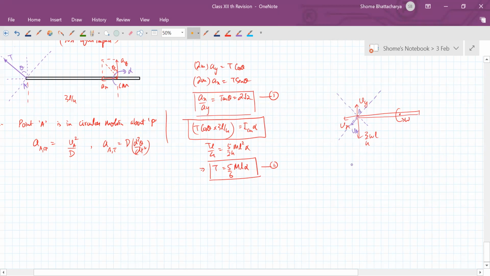So the point is actual velocity will be like this. It will be Vx cos theta plus 3 by 4 omega L sin theta minus Vy sin theta.